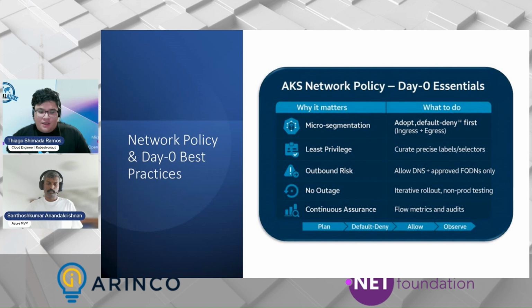And then from there, you can start with minimal rules, create some control for ingress, and then start your rollout for applying policy in previous environments. Then you can test that before going to production, and then you can continue monitoring.